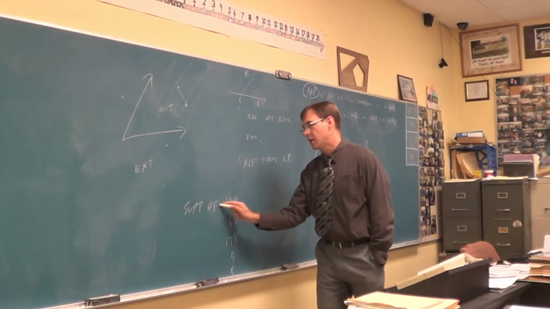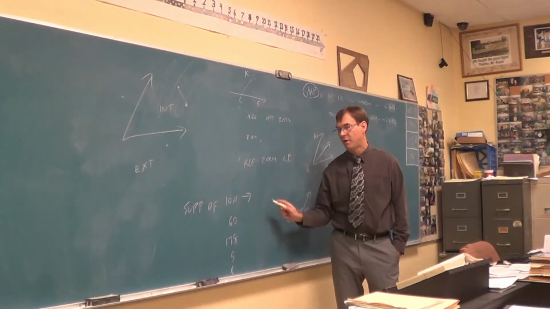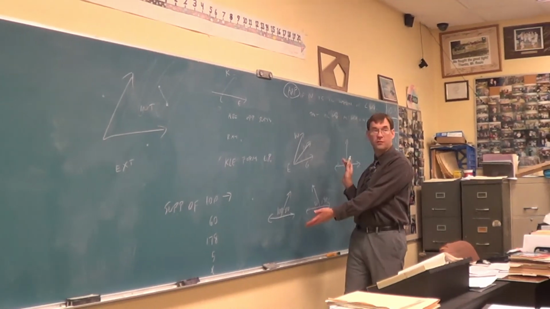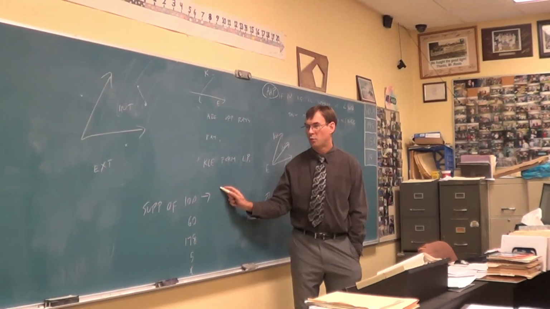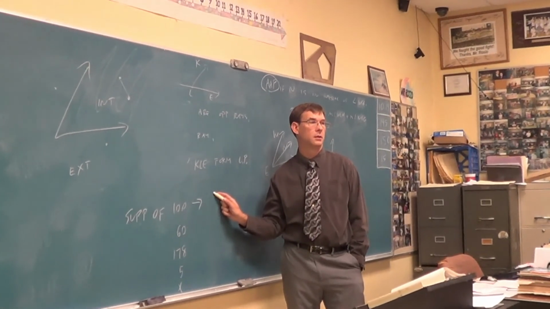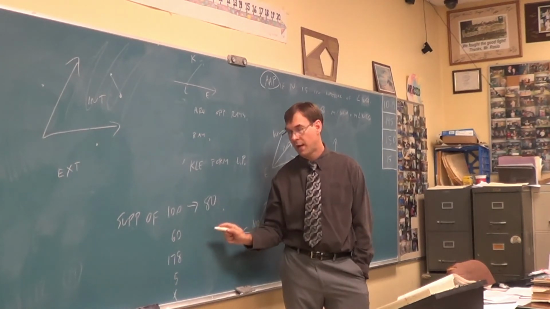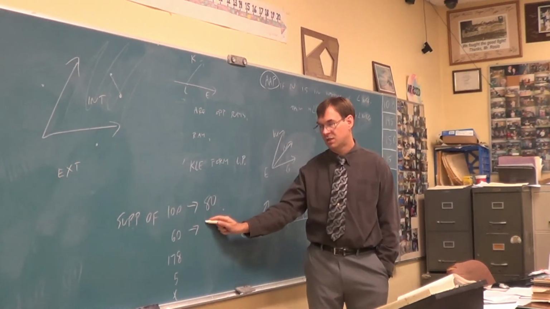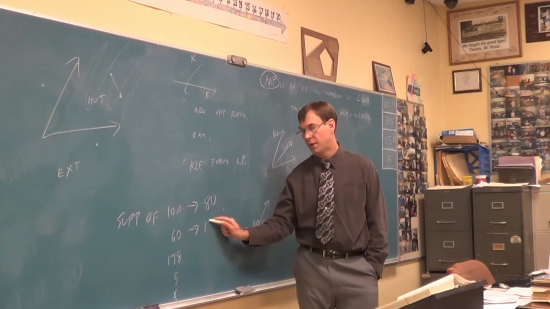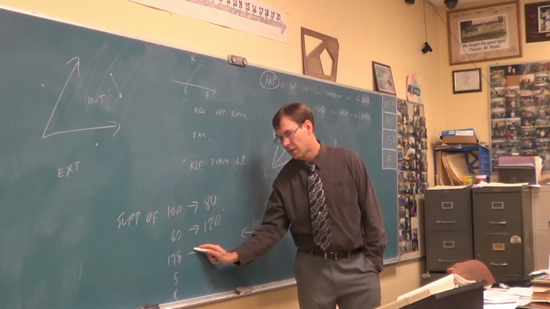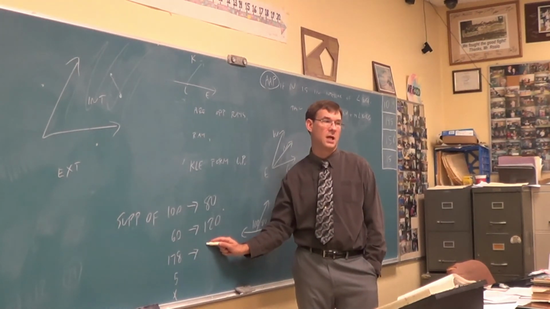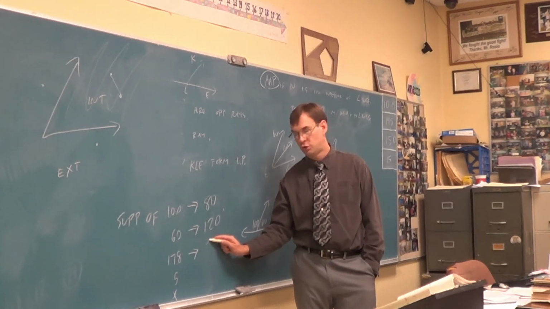Here's something I forgot to do. If I asked you to come up with the supplement of 100, we sort of did that in picture form, but in word form. What would the supplement of 100 be? 80. Because those two numbers make 180. Supplement of 60 is 120. Supplement of 178 is 2.